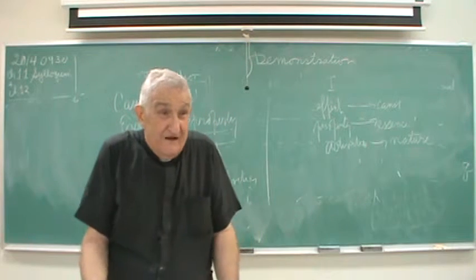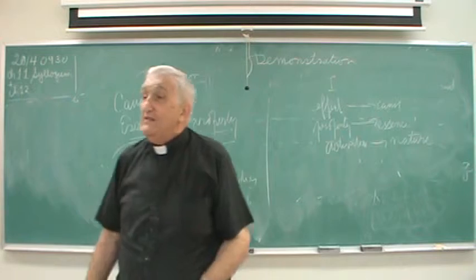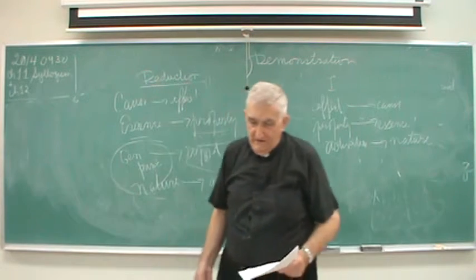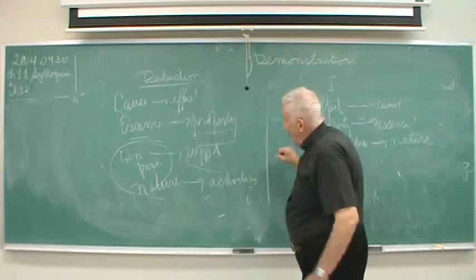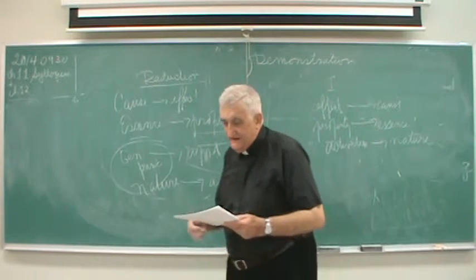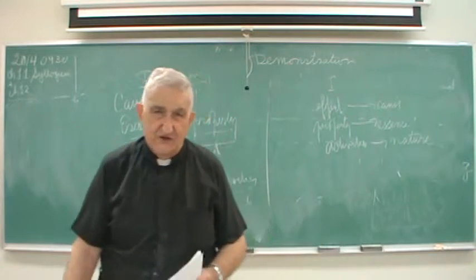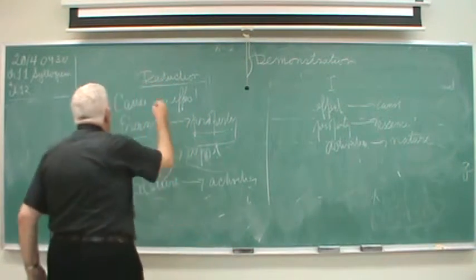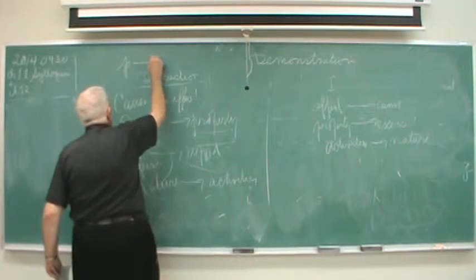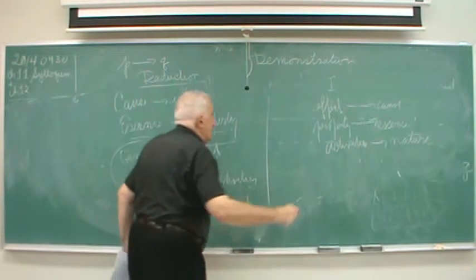You prove that through effect. That is induction. We pass from the effect to the cause. And that is based on experimentation. Here we start from P to Q. Here we start from Q to P.